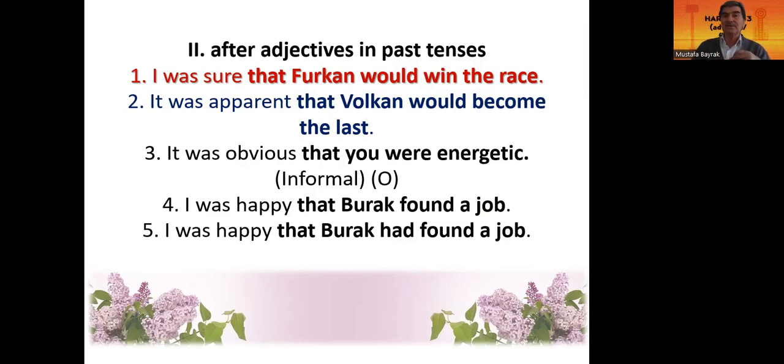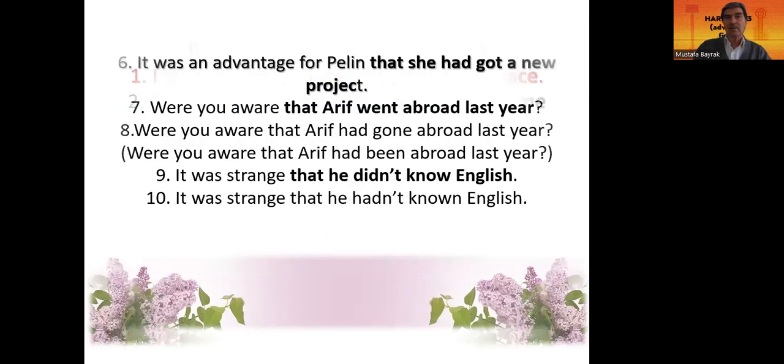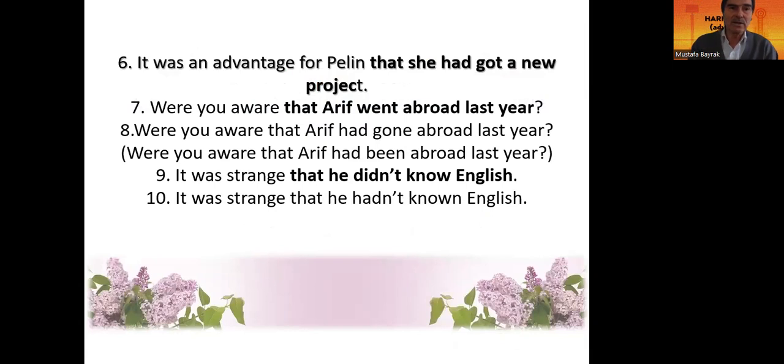So 5 is better than 4. It is clearer than 4. I was happy that Burak had found a job beforehand, previously. Okay, 6. It was an advantage for Pelin that she had got a new project.